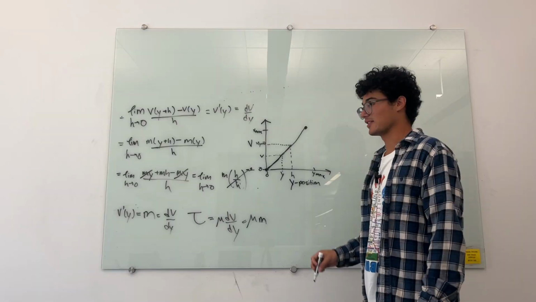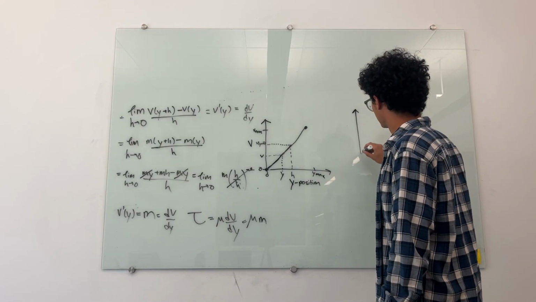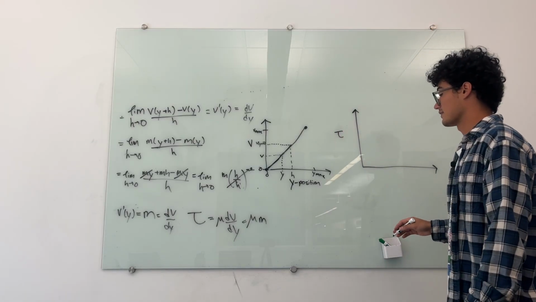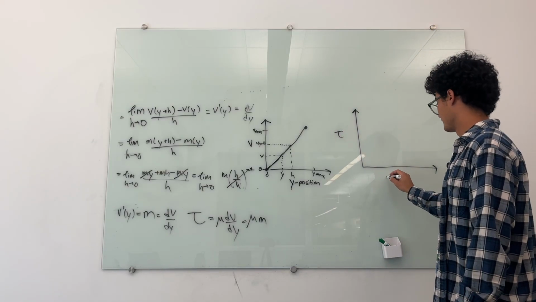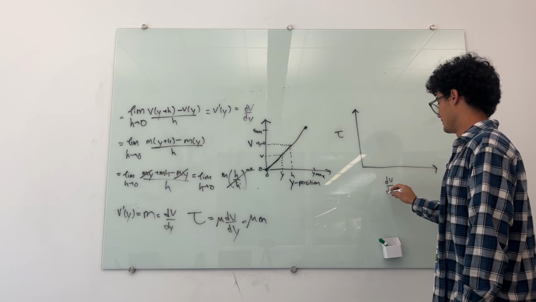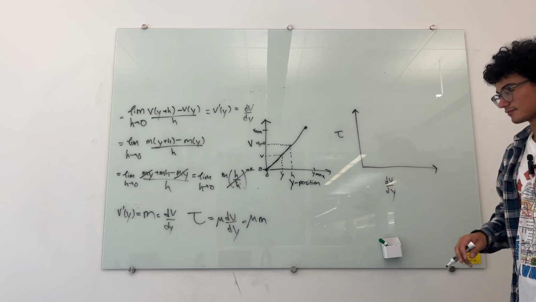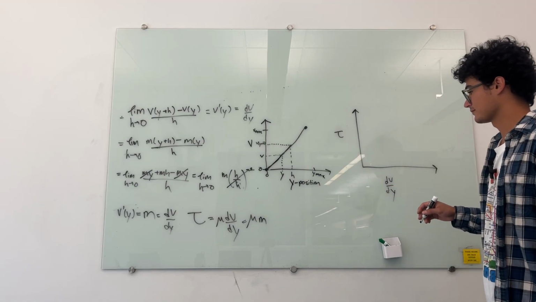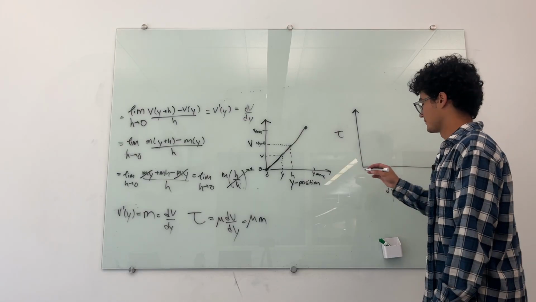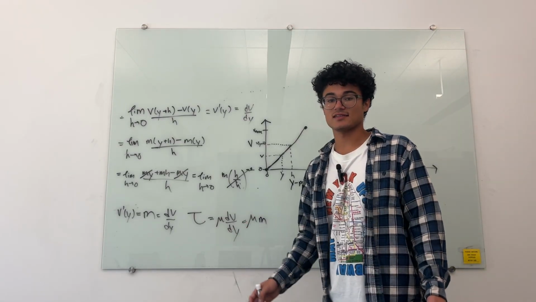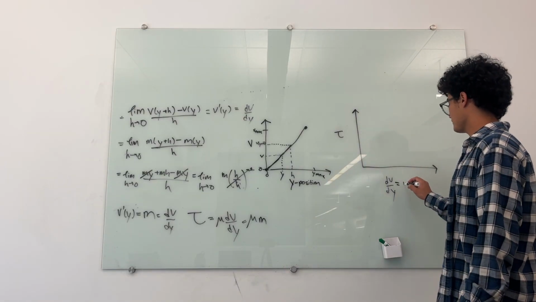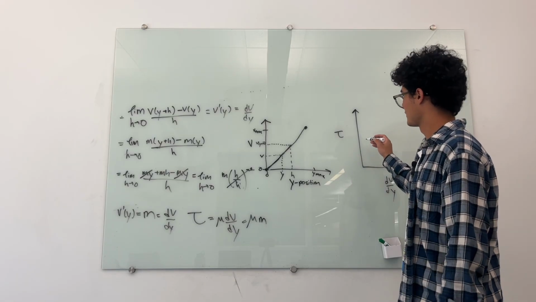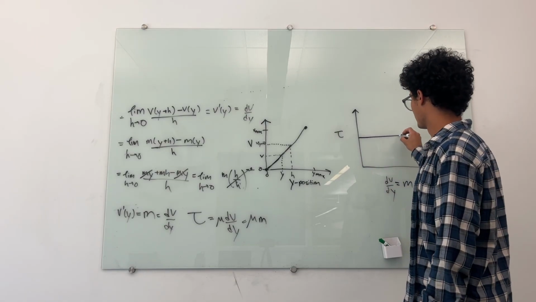So one thing I actually like to point out here too is if we plot out tau versus our dv dy here, our mu, our viscosity, is constant, so it's just some value. So this is constant, and m is constant, so that means our tau is constant, just some number.